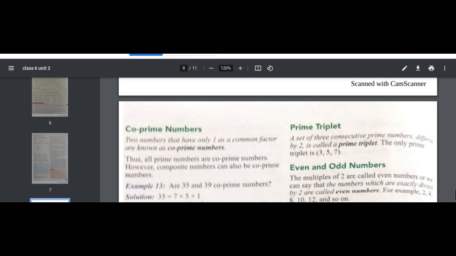So what are twin primes? Twin primes are when the numbers are separated by only one number.